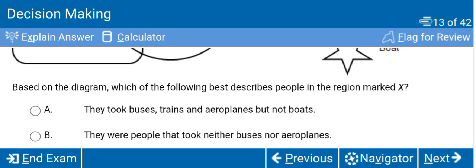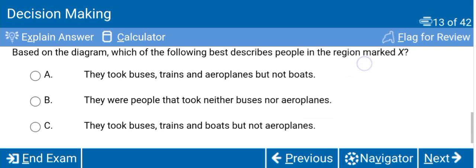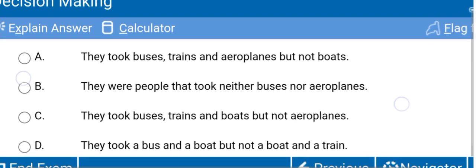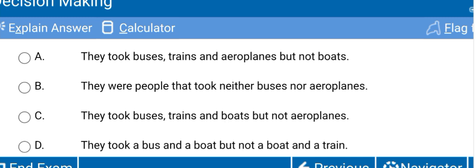So here we have option A, that is they took buses, trains and aeroplanes but not boats. Then we have option B, that they were people that took neither buses nor aeroplanes.